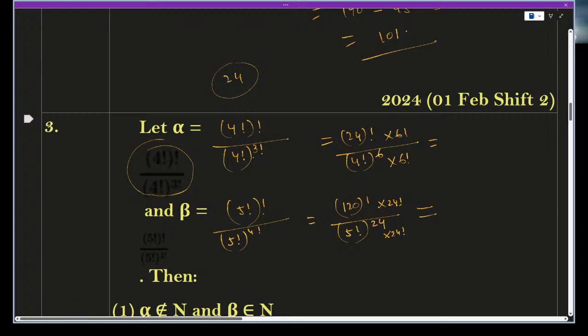Now just tell me one thing. When you divide objects into groups, will the result be a fraction or an integer? The number of ways you divide objects into groups is a natural number, an integer, or a fraction? Number of ways can never be a fraction. So what do you get here?